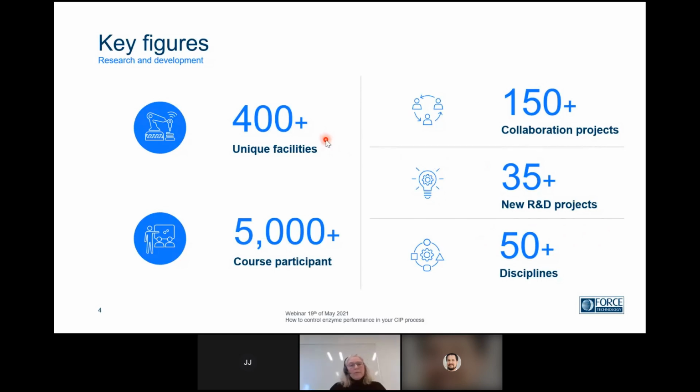It is lab facilities, it is test facilities. Under normal conditions, we have a very large course palette. So we have more than 5,000 course participants worldwide. And we have more than 150 collaboration projects, 35 new R&D projects, and we have more than 50 different disciplines, where the hygiene, cleaning optimization is one of them.